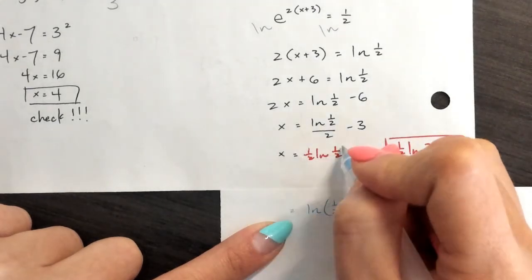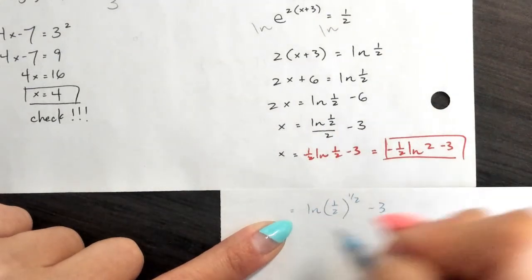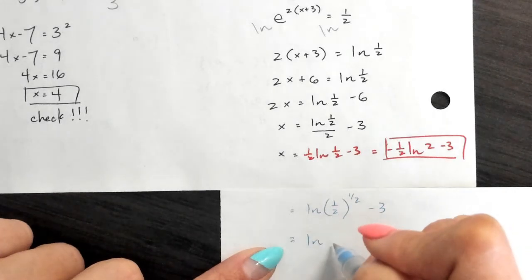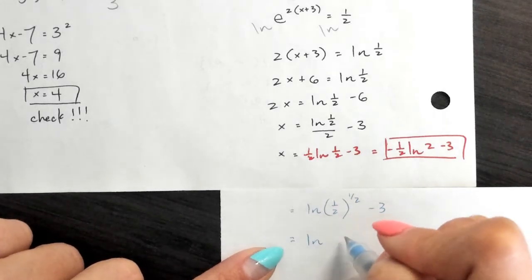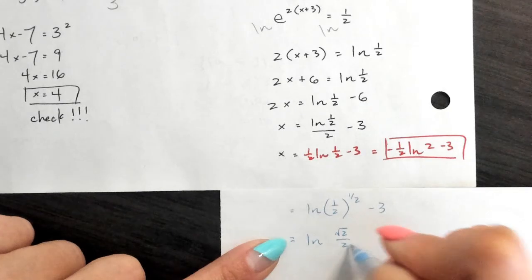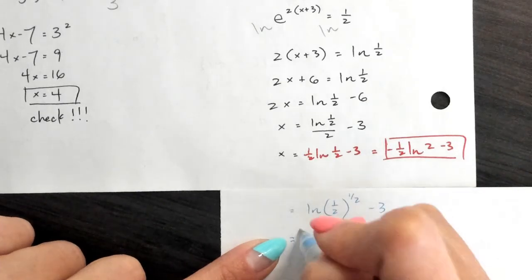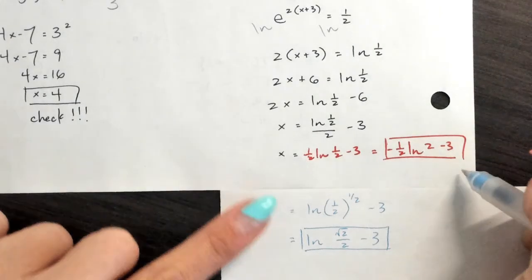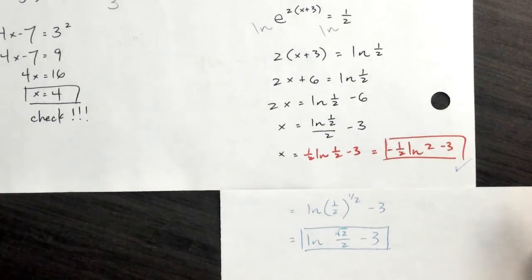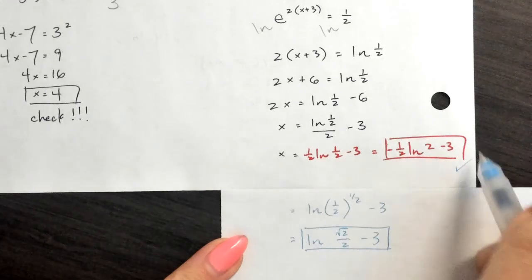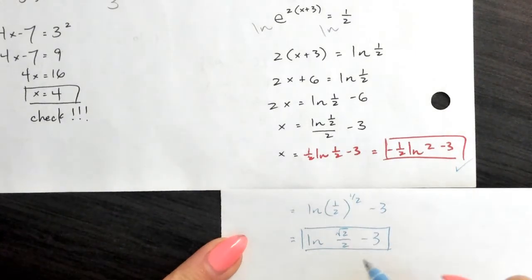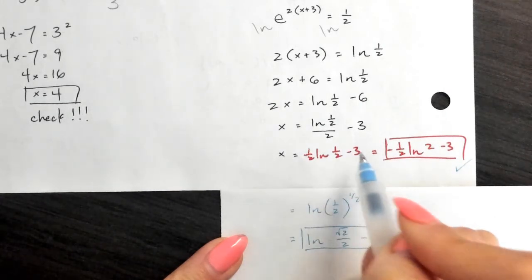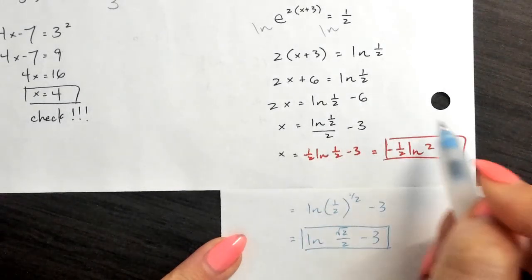So it can become a power, minus 3, which is ln of a square root of 1/2, which is root 2 over 2, minus 3. Is this acceptable? Sure. Normally you're going to see something like this, and we'll see why this is better after we do the next section. But this is not a wrong answer. This is just the best looking one, that's all.